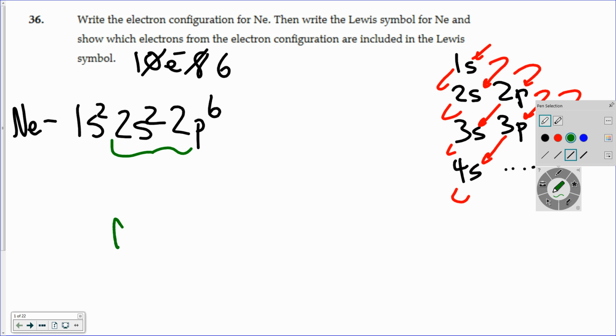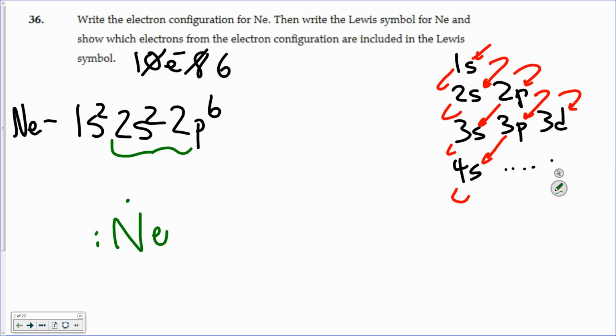So with neon, I'm putting the symbol of the element in. There are 8 electrons. I need to show those 8 electrons, each one represented as a dot. So these 8 electrons represent the octet associated with neon, which is a noble gas. Okay? Question on that one?